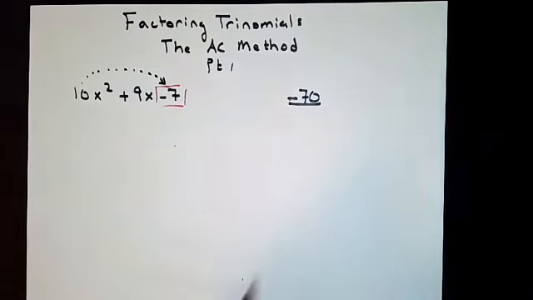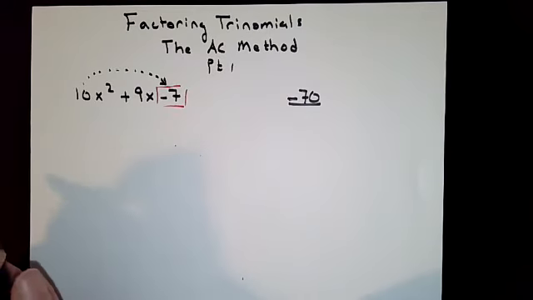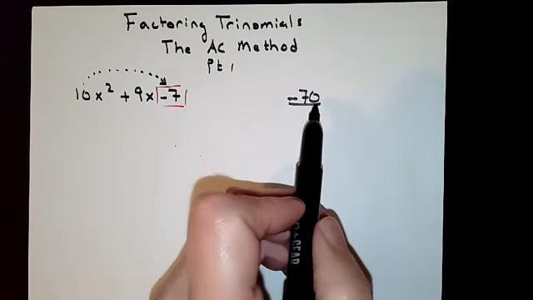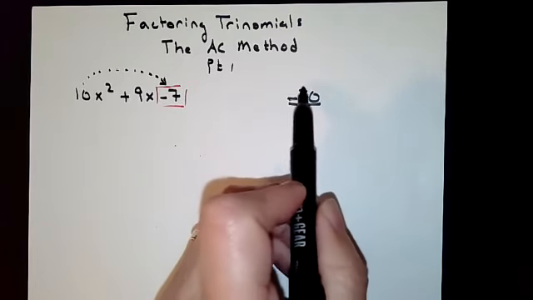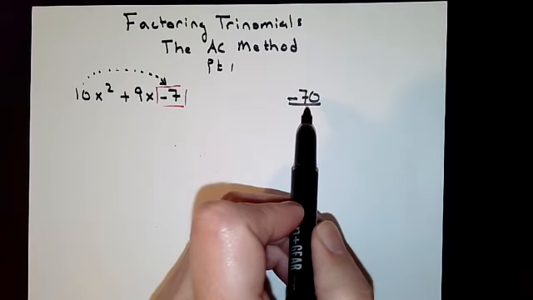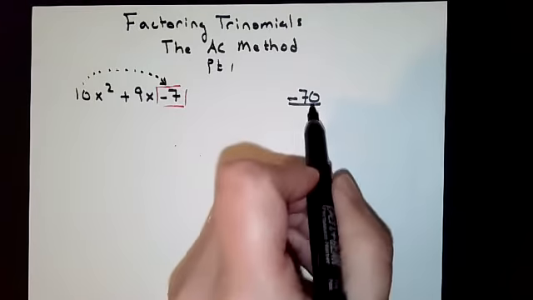So what we're going to look for are two numbers that multiply together to give me -70. If I'm multiplying and I'm supposed to get an answer of -70, then one of my numbers is going to have to be positive and one is going to have to be negative. Okay. So we're just going to keep that in mind. So what numbers can we multiply to get 70?